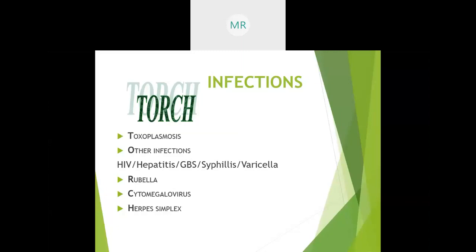So usually at one of those prenatal visits between 35 and 37 weeks, we're going to swab the vaginal and rectal area for GBS, group B streptococcus.